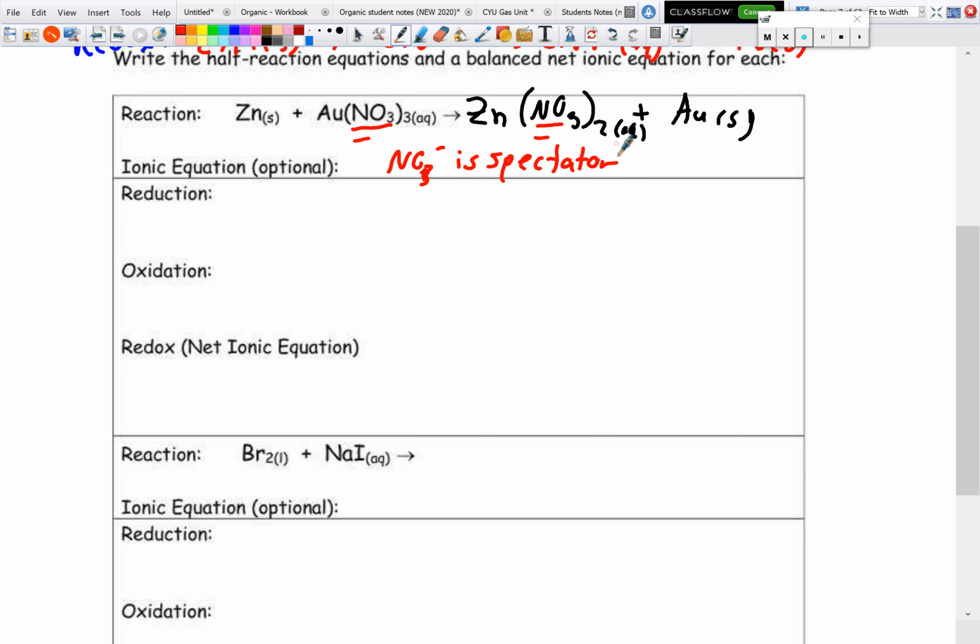What you're going to end up with is the gold, which you can rewrite as Au3 plus, and the zinc is zinc 2 plus. So then we can actually see zinc solid going to zinc 2 plus. That is, of course, losing electrons. So that is our oxidation half reaction.